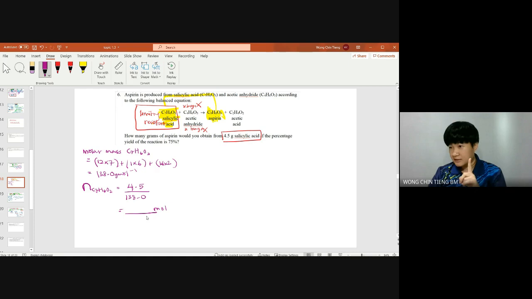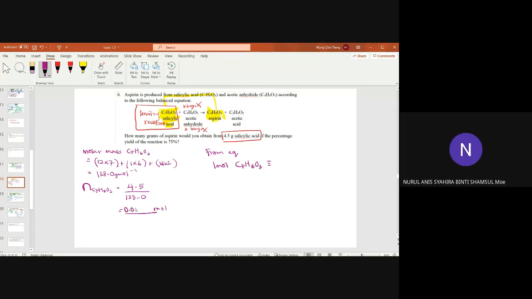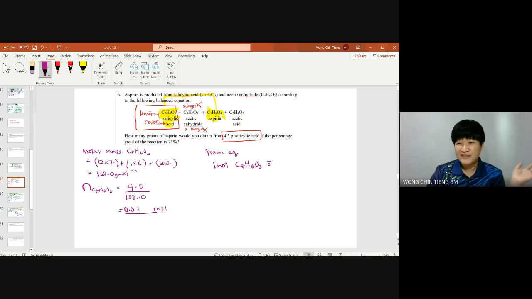Anis, Syahira. Saya nak mole salicylic acid. Kosong poin kosong. Line semua tak okay ke hari ni? Satu Malaysia.